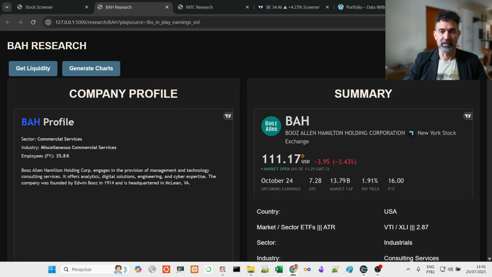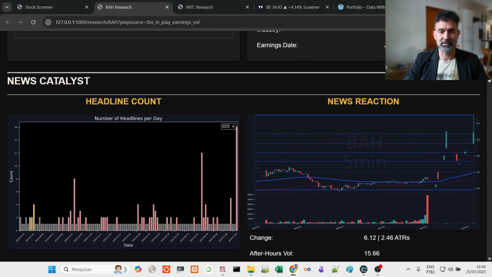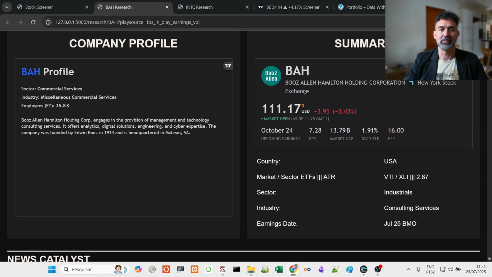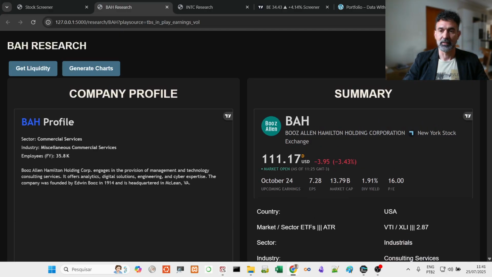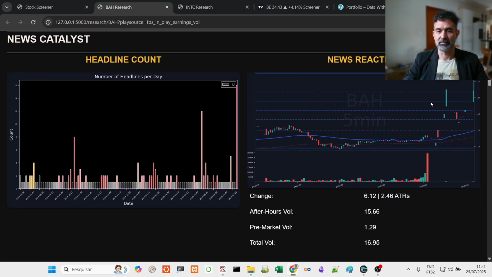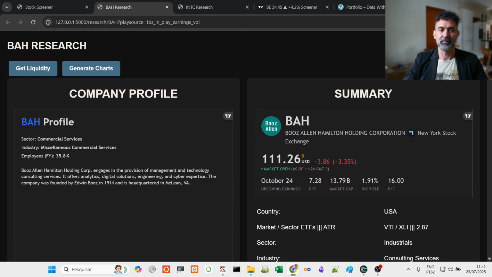So it's right there. Usually I load like this. We can see the news reaction. Right here you can see that there is not much volume on this one. And usually when I see something like this, I don't go any further.